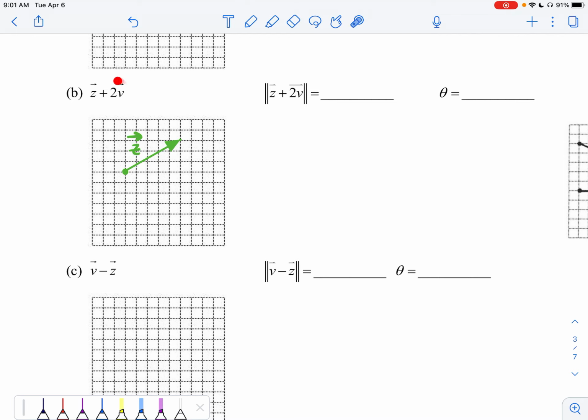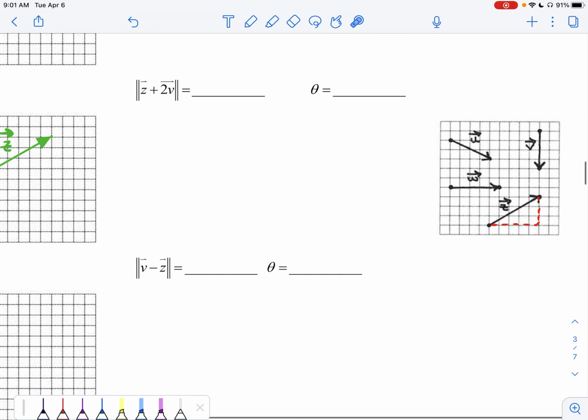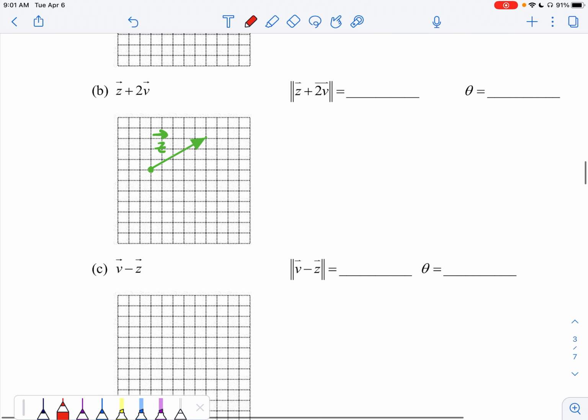Then we're adding to it 2v. 2v basically just means instead of going 1, 2, 3, 4 units down, we're going to go 8 units down. It's just twice the length of v. So starting at the tip of z, we go 1, 2, 3, 4, 5, 6, 7, 8 units down, and that will be the vector 2v.